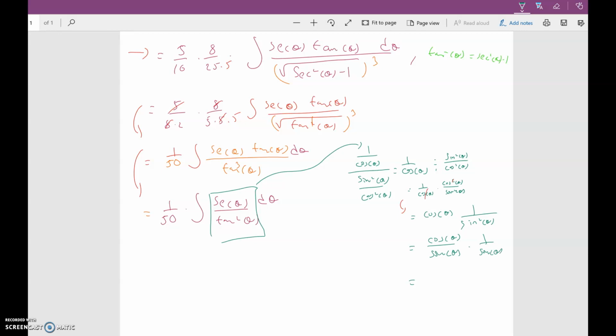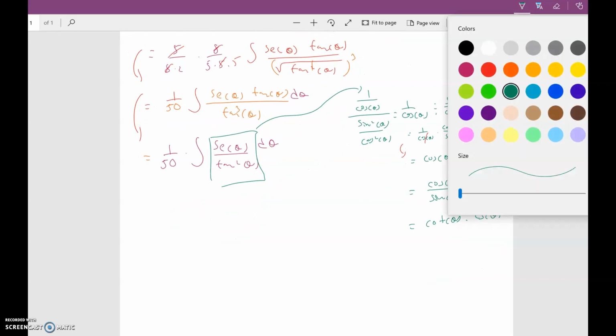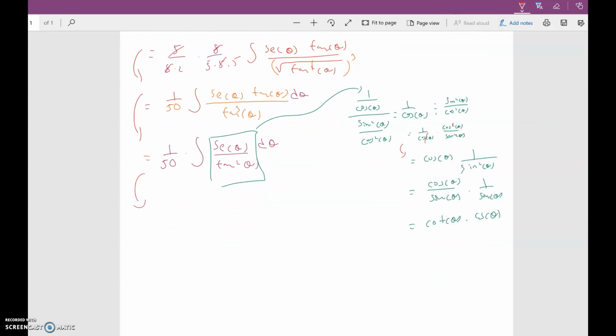Or in this case, this will be cotangent of theta times cosecant of theta. And this is a times. So at this point, let me rewrite it. So we're looking at this one being 1 over 50 times the integral of cotangent of theta and cosecant of theta d theta.